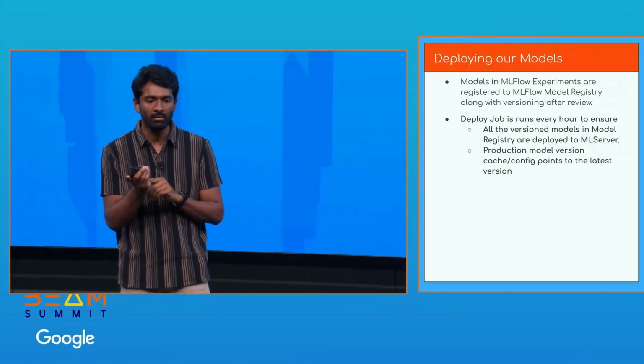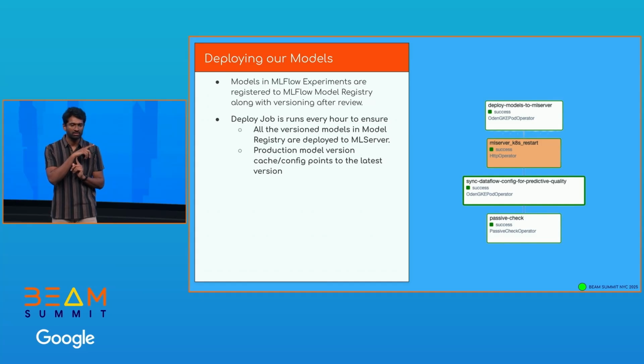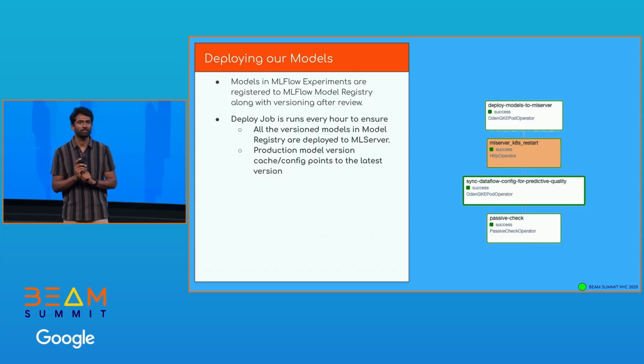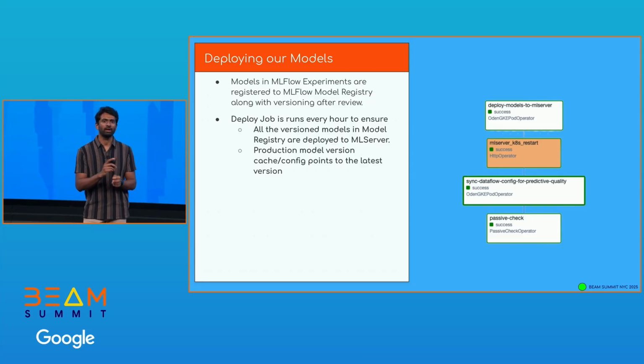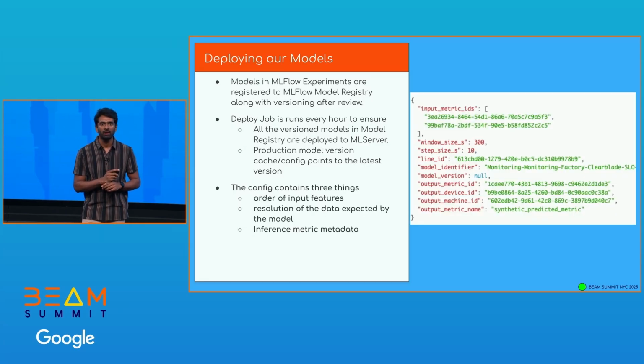And the deploy job, as I said before, runs every hour. It ensures all the versioned models from the model registry are deployed onto MLServer. And the production model version config, which is also cached, we will use in the Beam job that we'll describe in this talk, which consumes and sends inference requests to that specific model version.